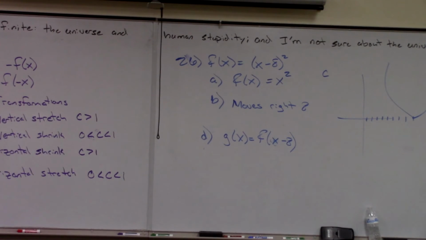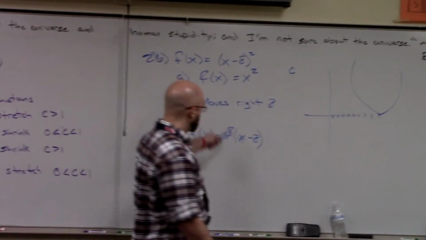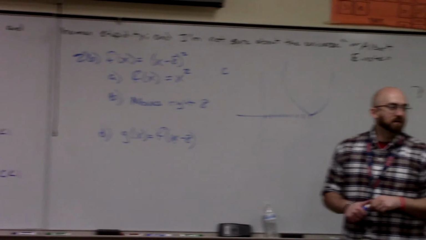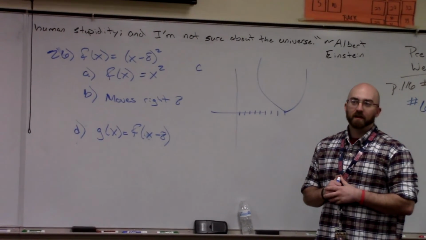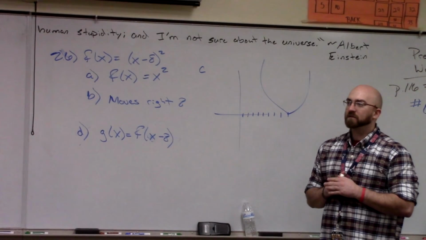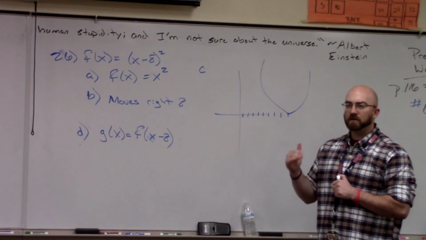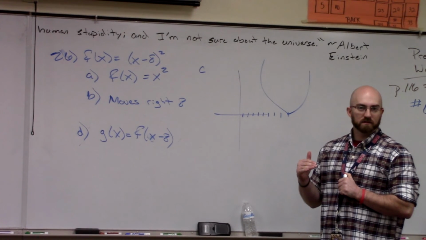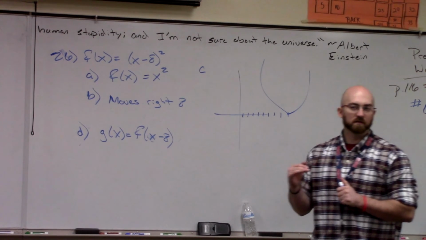So the idea is if I plug x minus 8 into this parent function, I would get that out, right? Have you been plugging stuff into function notation before? Yes. So now it's kind of going backwards, just a little bit. Questions? Try 28 then.